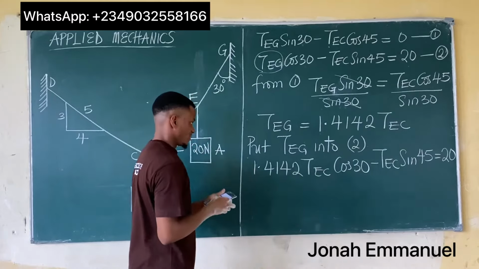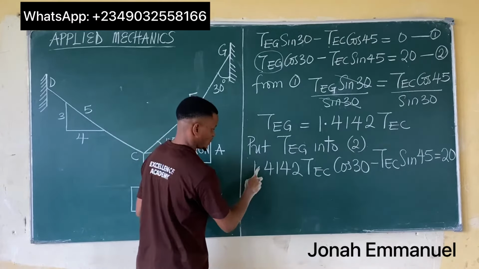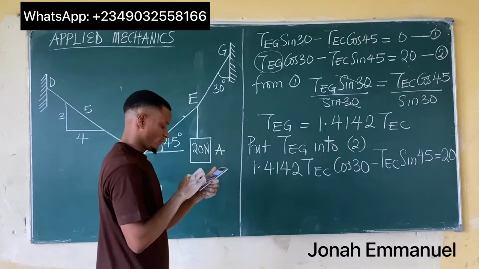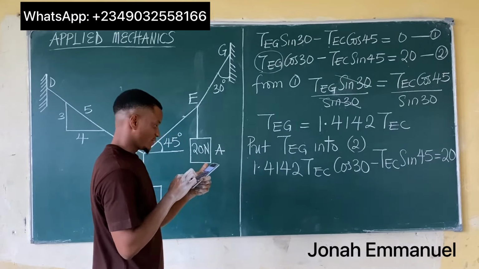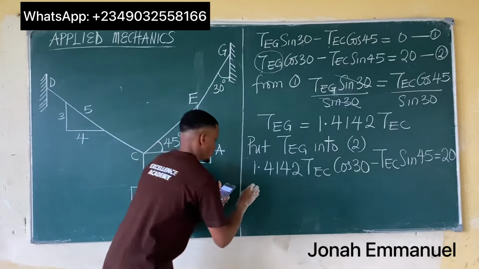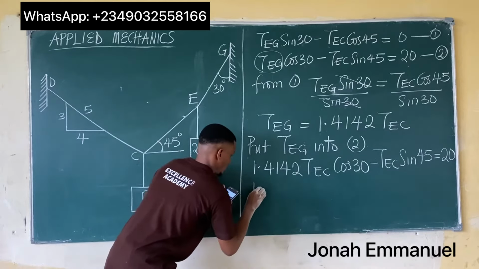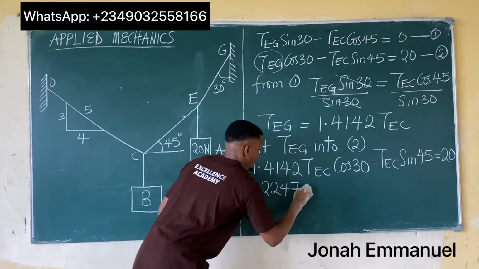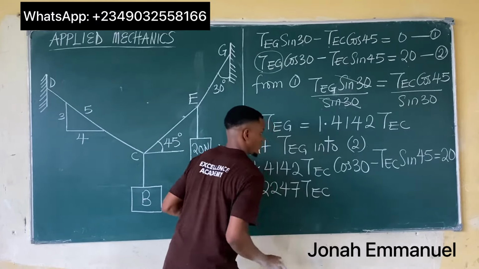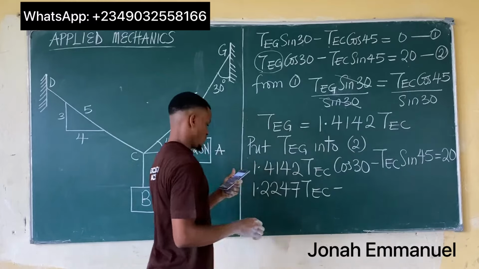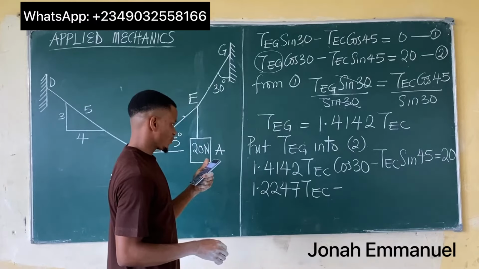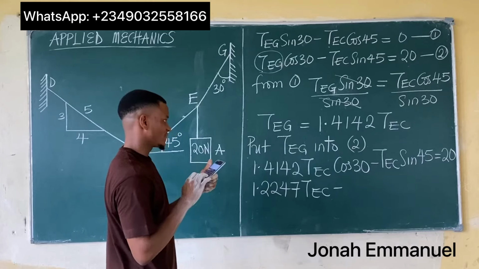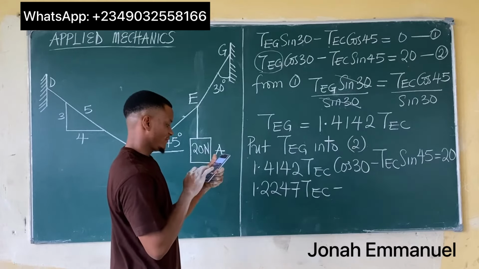Alright. So I'll just punch 1.4142 cos 30. About 1.2247 TEC minus, okay, so minus sine 45.